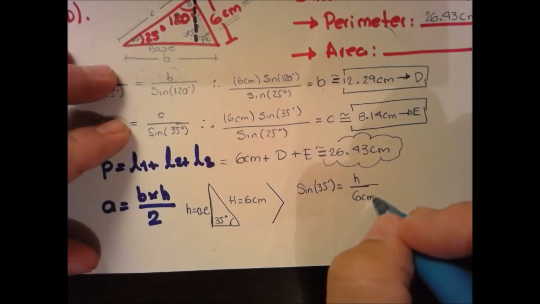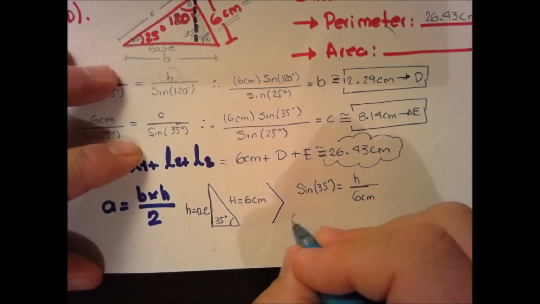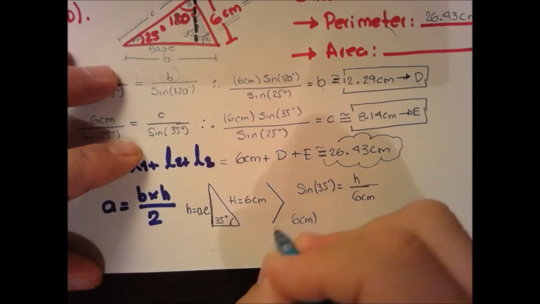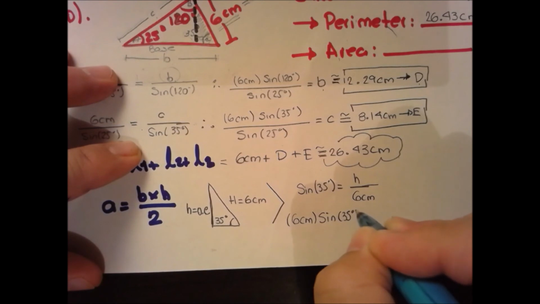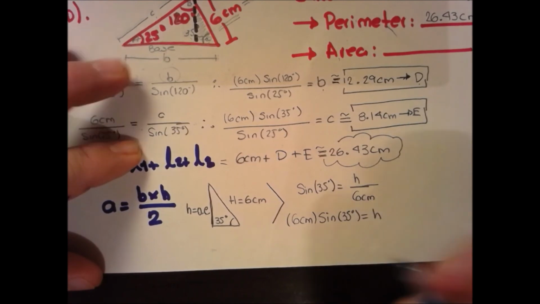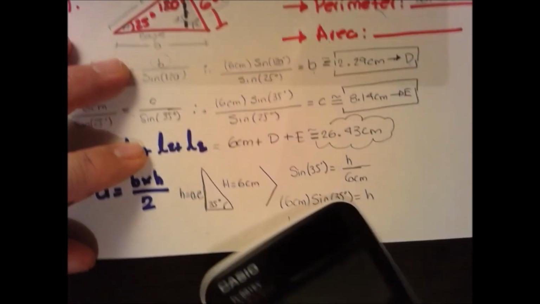Okay, this one is going to pass multiplying, and we're going to say that 6 centimeters times the sine of 35 degrees is equal to the height.